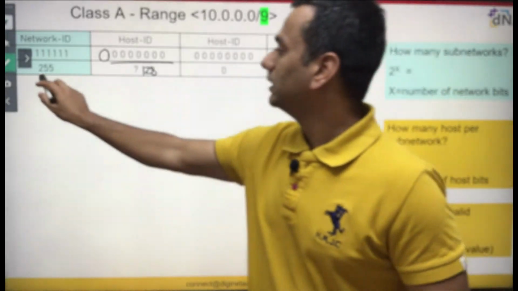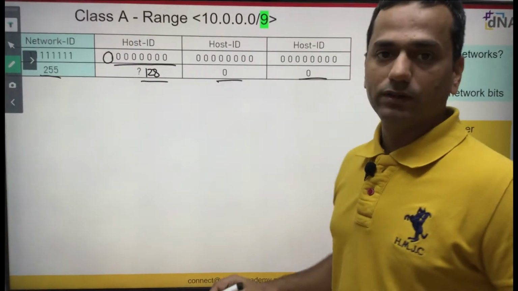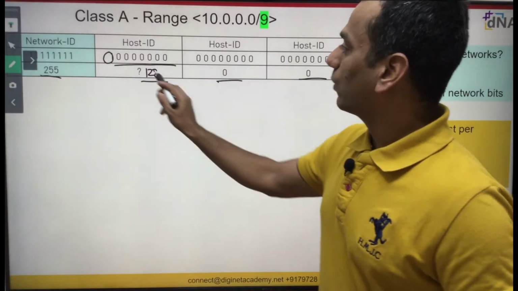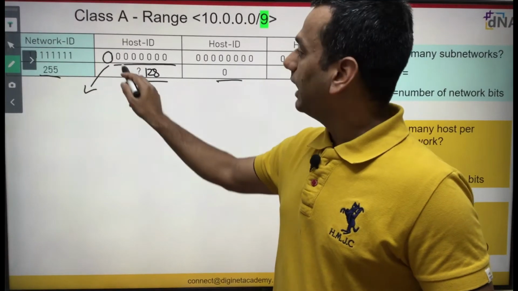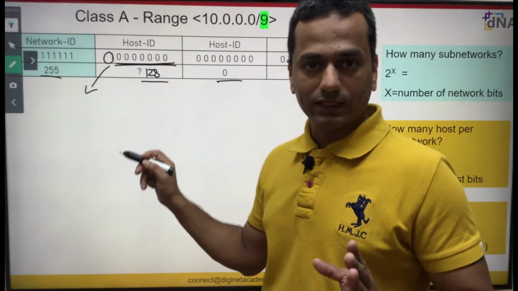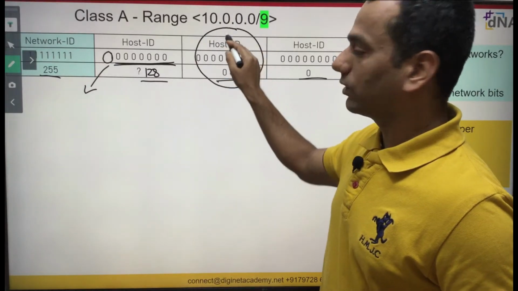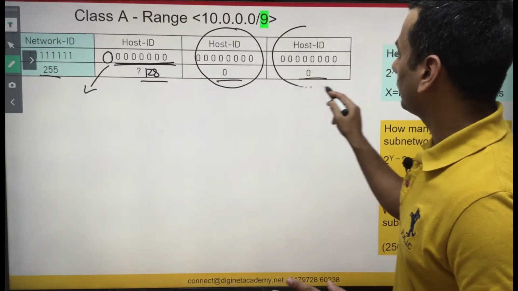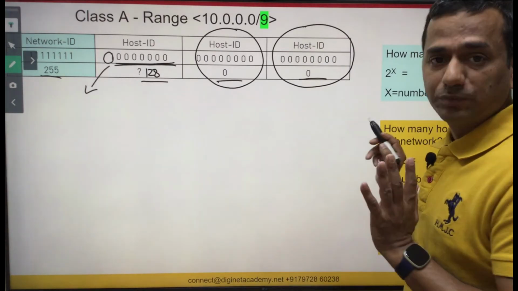So the subnet mask is 255.128.0.0. It means 1 bit from the second octet is my subnetwork bit and the remaining 7 bits are now host bits. The third octet is for host, and the entire fourth octet is my host bits.